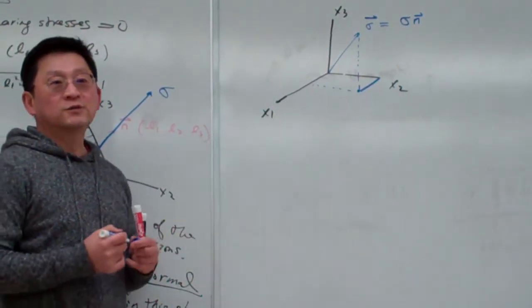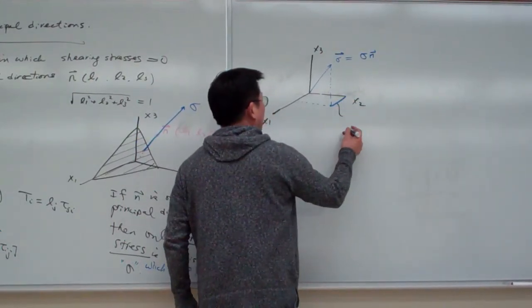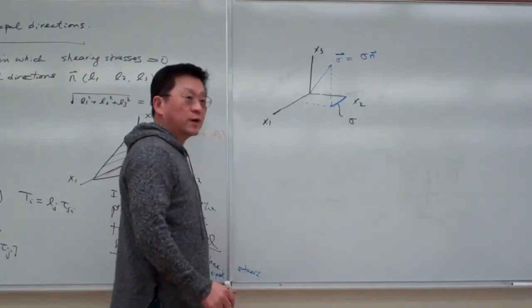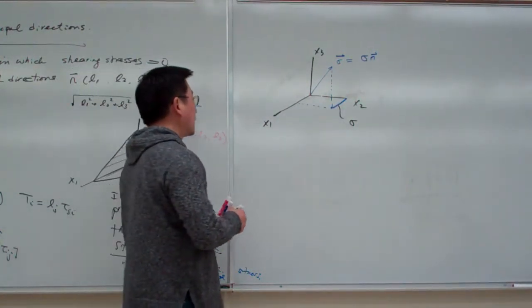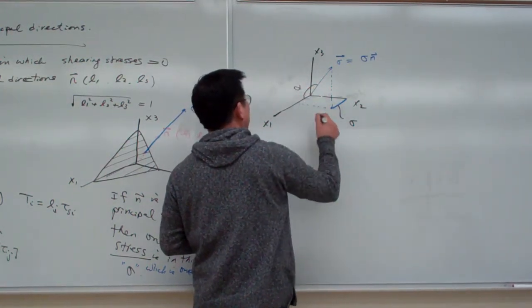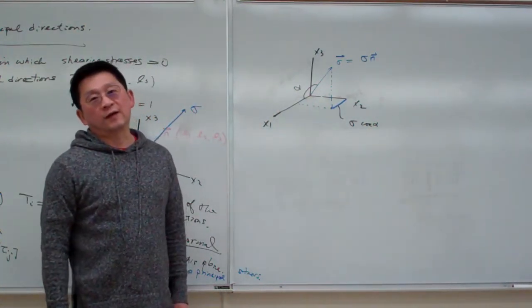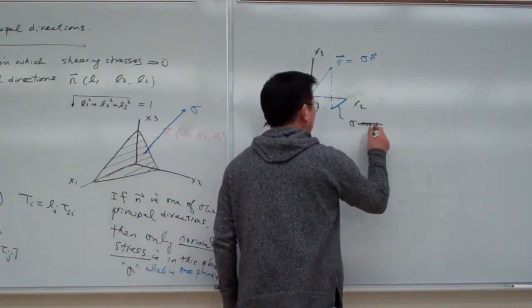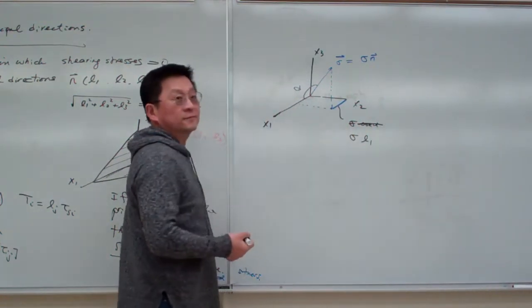What is that amount? It is sigma times cosine. For example, if this is alpha, then it should be times cosine alpha, but here we are not given alpha; we are given L1.